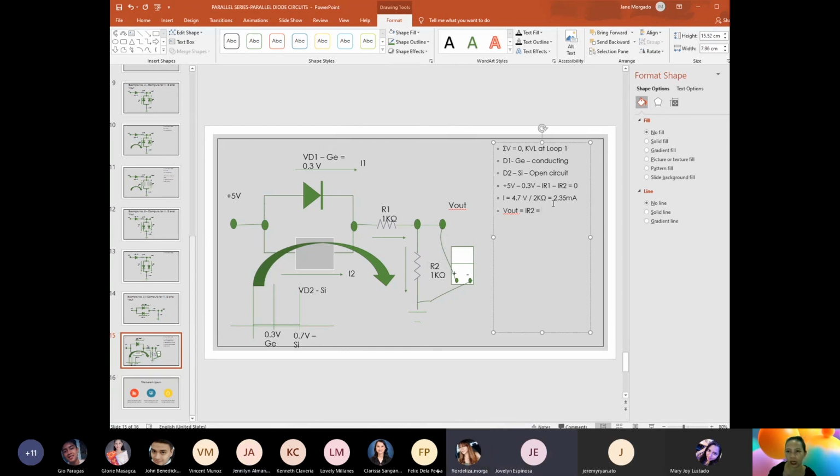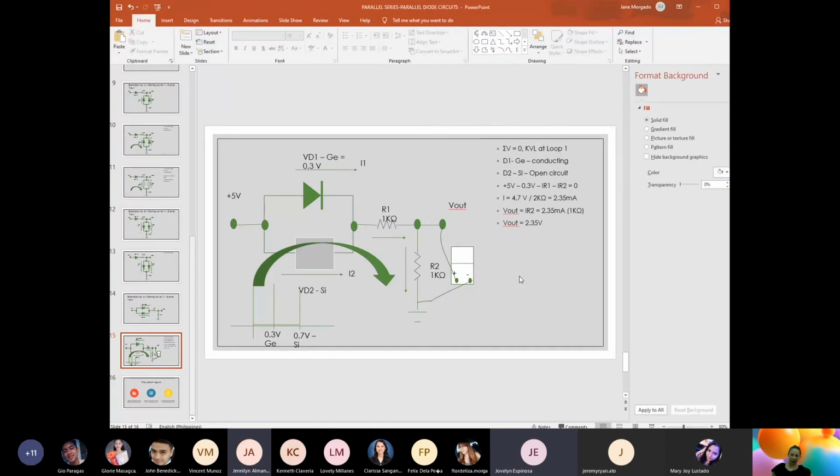We have a current of 2.35 milliampere times 1 kilo ohm. Anong sagot? 2.35 volts.